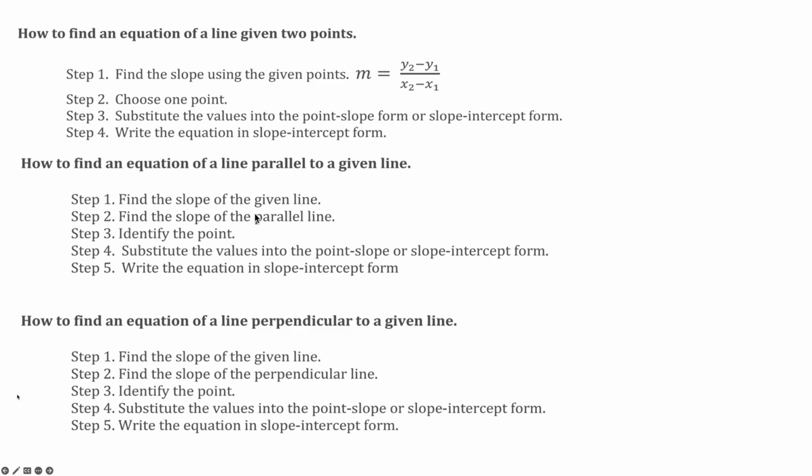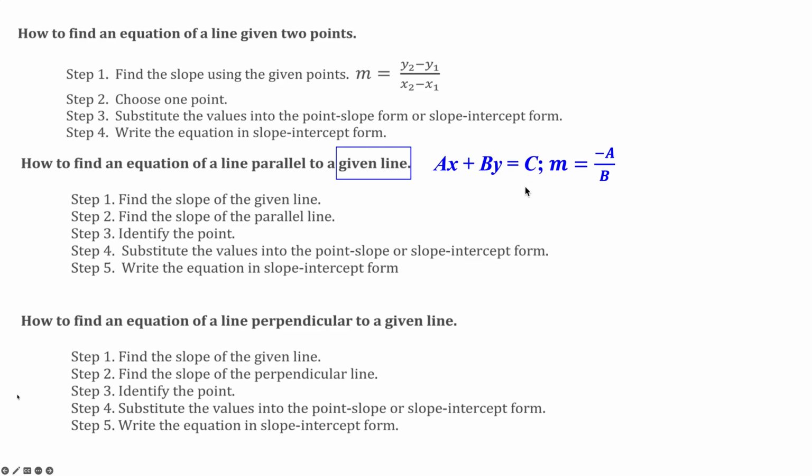Now, when we talk about parallel, slopes are the same on parallel lines because they're never going to intersect. So the slope is easy to find from a given line. If you're given a line that's in y equals mx plus b, slope intercept or point slope, the slope is right there. However, most of the time, the given line is what we call in standard form.